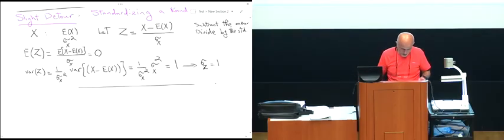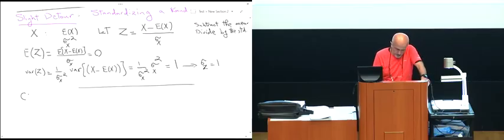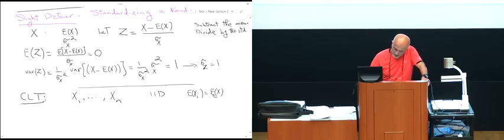All right. So, what does the central limit theorem say? The CLT. We again have our random variables x1 through xn, which are IID, and each has a mean, E of x, and I'll call this mu because now we're going to have too much clutter.